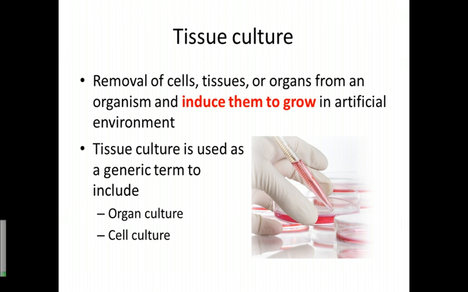For example, from the blood, we can isolate B cells, T cells, dendritic cells, macrophages, or natural killer cells. Then we can induce them to grow in the lab using optimal conditions, for example, providing them with the suitable medium, pH, temperature, growth medium. So we can culture these cells and understand their behavior in the lab. Tissue culture is a general term we use to include organ culture as well as cell culture.